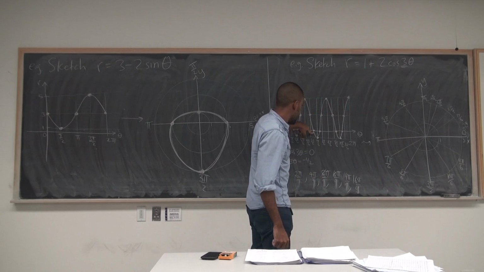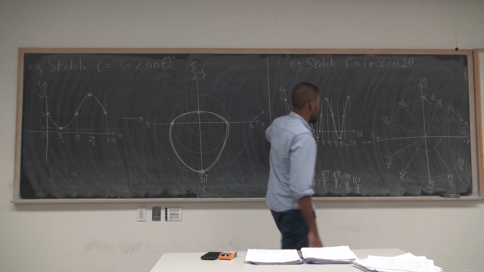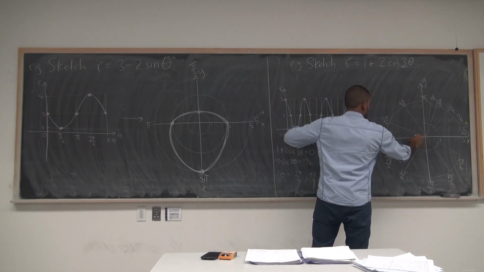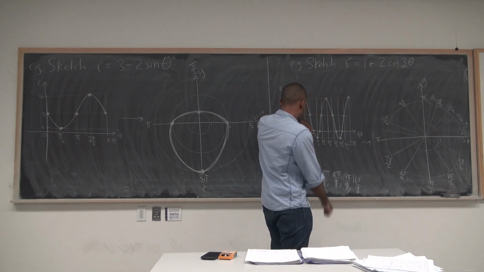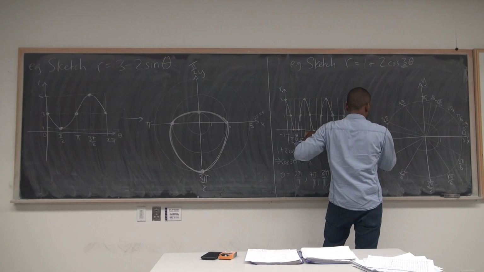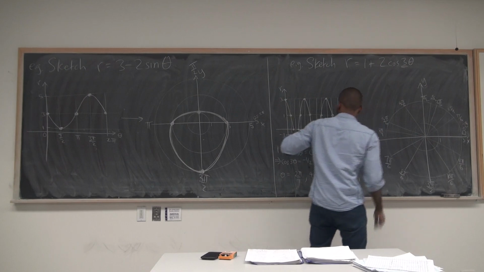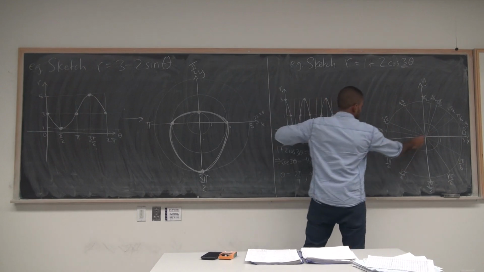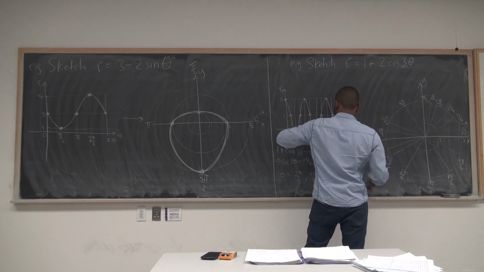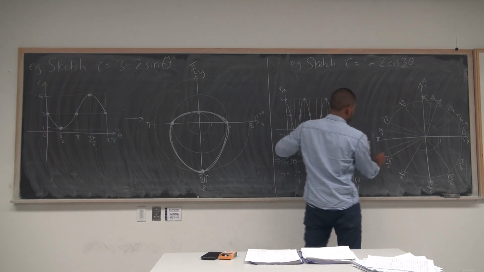There's another 0 between 5 pi over 6 and 6 pi over 6, which is here. That one is 8 pi over 9. There's another 0 between 6 pi over 6 and 7 pi over 6, which is here. That is my 10 pi over 9.